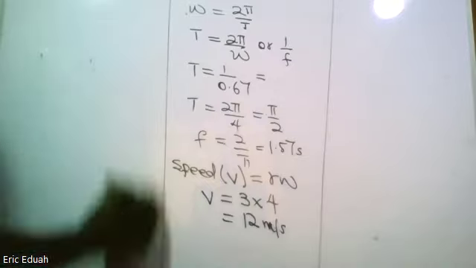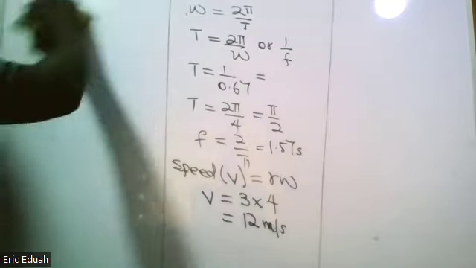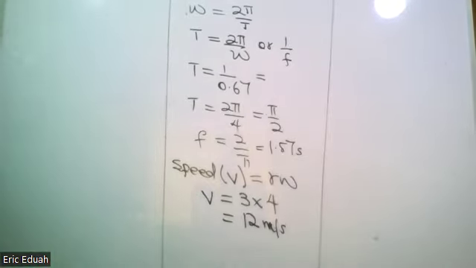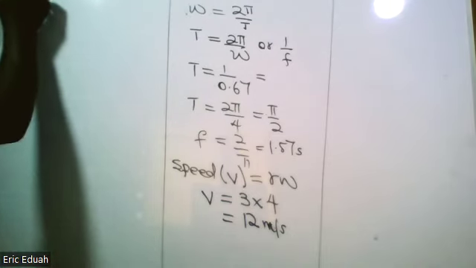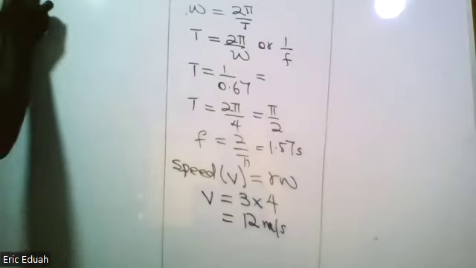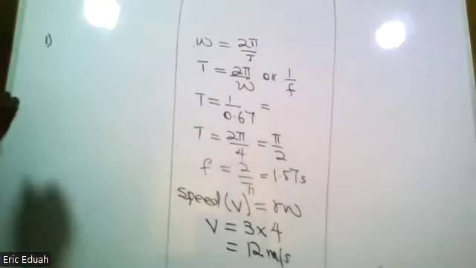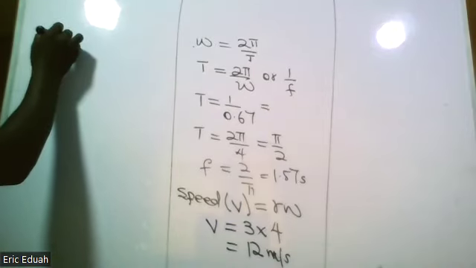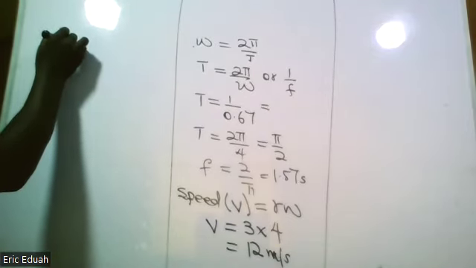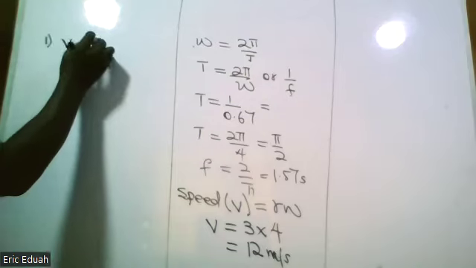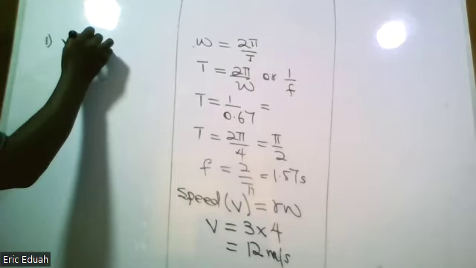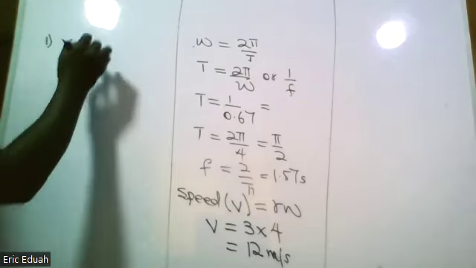What's the first equation? V is equal to U plus at.